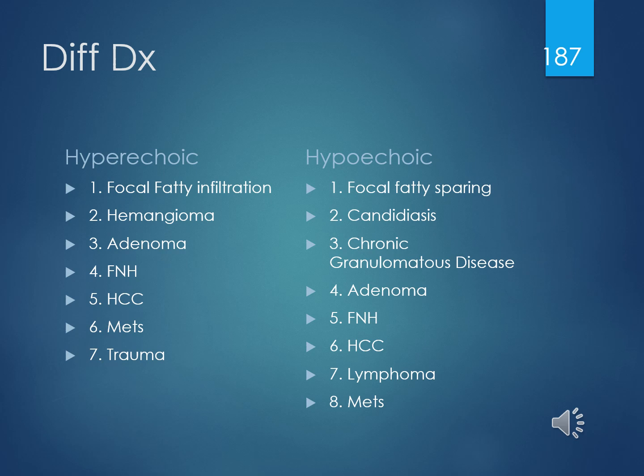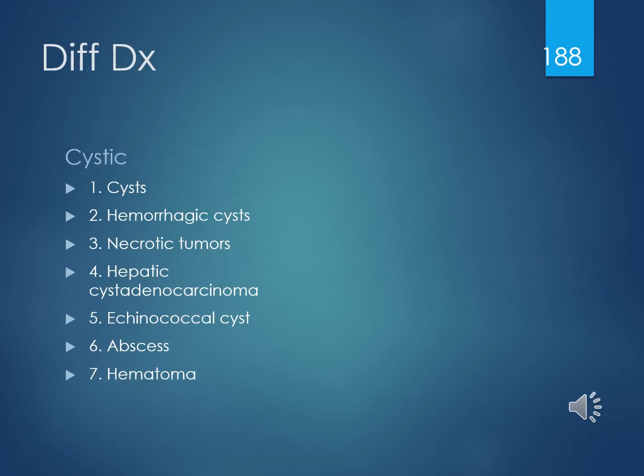Focal fatty sparing, candidiasis, chronic granulomatous disease, adenoma, focal nodular hyperplasia, hepatocellular carcinoma, lymphoma, or METs. You find a cystic area in the liver. What could it be? Cysts, hemorrhagic cysts, necrotic tumors, hepatic cystadenocarcinoma, echinococcal cyst, abscess, or hematoma.